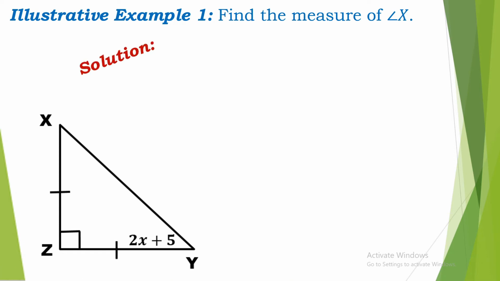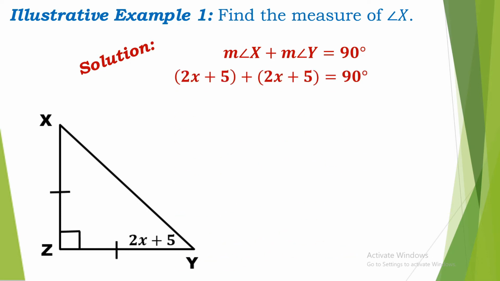So for our alternate solution, we have the measure of angle X plus the measure of angle Y is equal to 90 degrees. So by substitution, we now have 2x plus 5 plus 2x plus 5 is equal to 90 degrees.